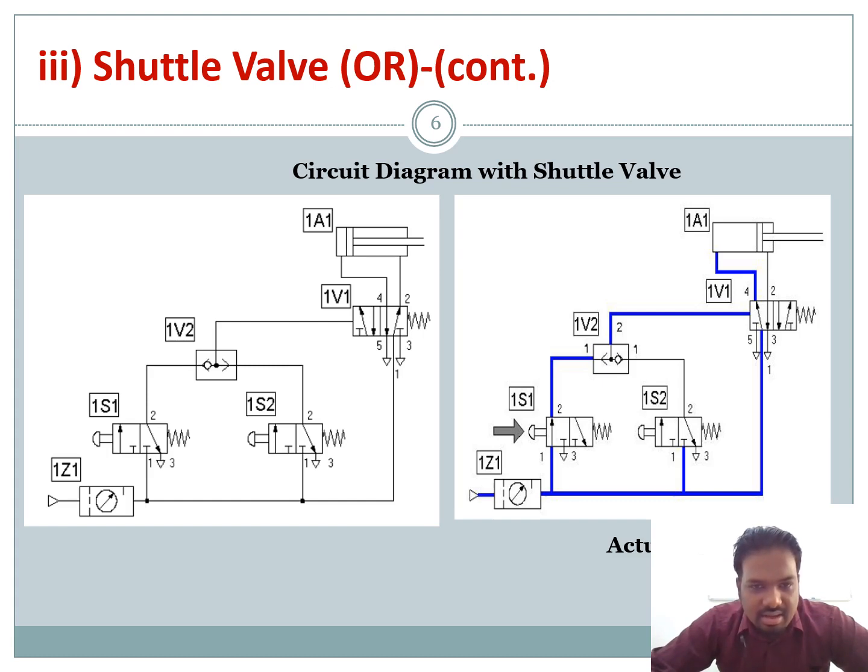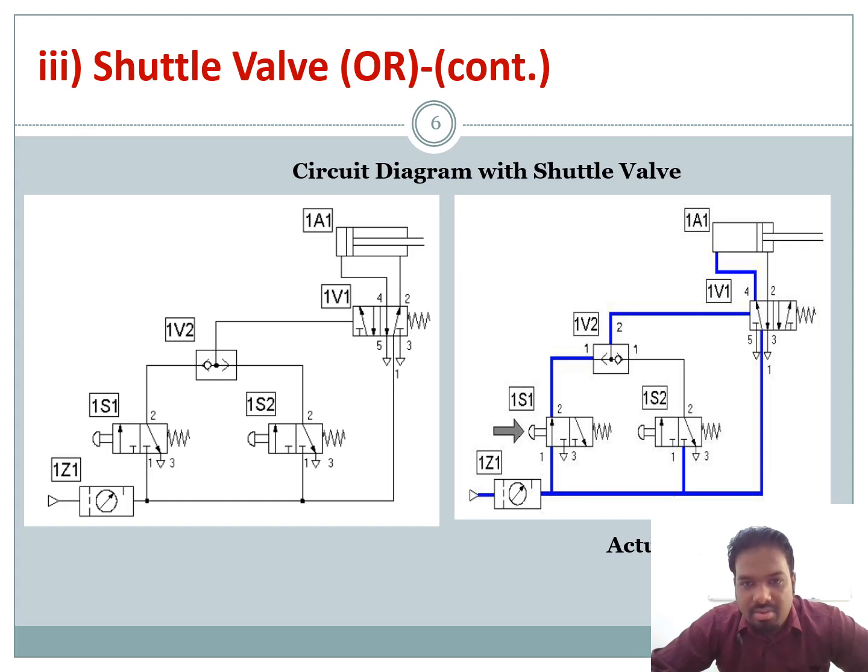This is non-actuated, meaning the switch is not pressed. When you press switch 1S1, the flow will go to your OR gate, sorry, shuttle valve 1V1, 1V2.